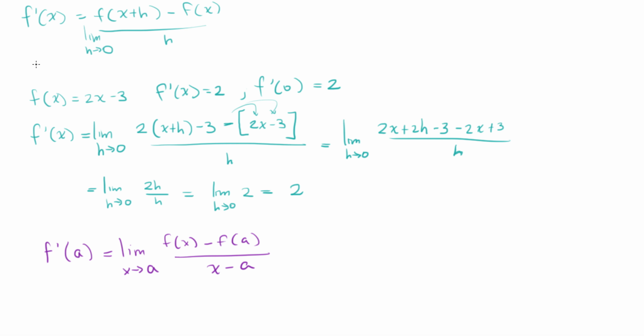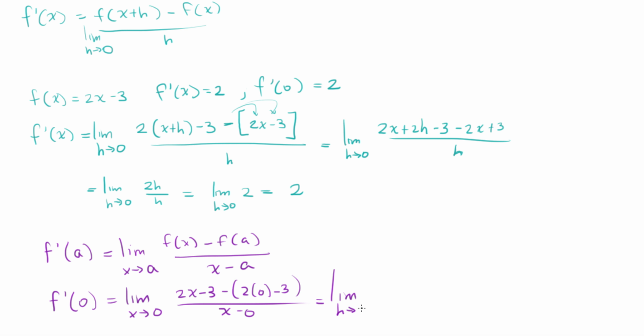So in this case, if I were to find the same one where a is 0, so f prime of 0 equals the limit as x approaches 0 of my function, which is 2x minus 3, minus f of 0, which is plugging 0 for x, so 2 times 0 minus 3, over x minus 0. We simplify that. You get 2x minus 3. 2 times 0 is 0. 0 minus 3 is negative 3. Negative times negative is positive 3 over x, which is x minus 0.